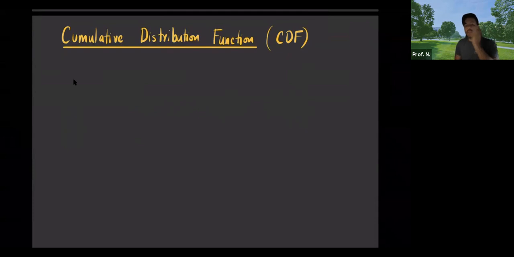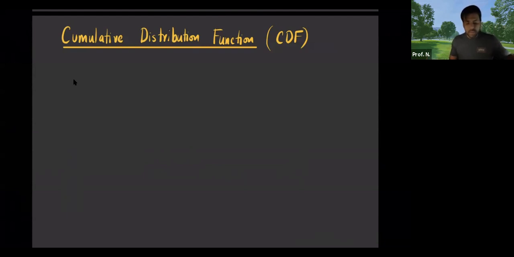We have the PMF, which is the probability mass function of a random variable. And now we have what's something called the CDF, which is the cumulative distribution function, which is related to the probability mass function. Now, let me just tell you what that is.